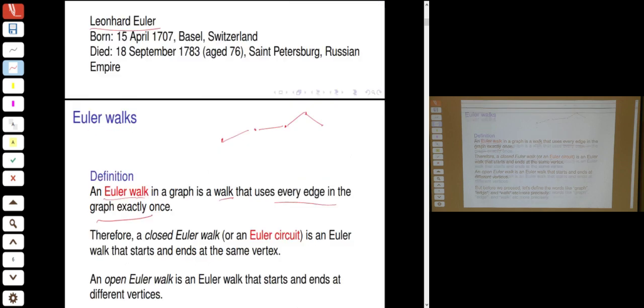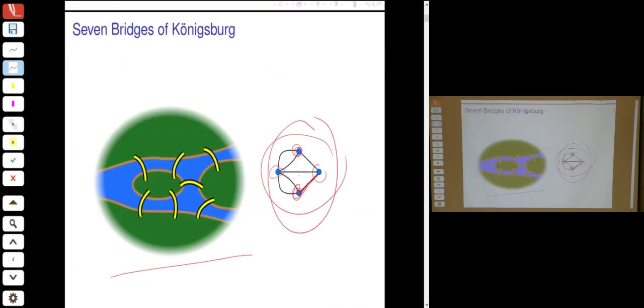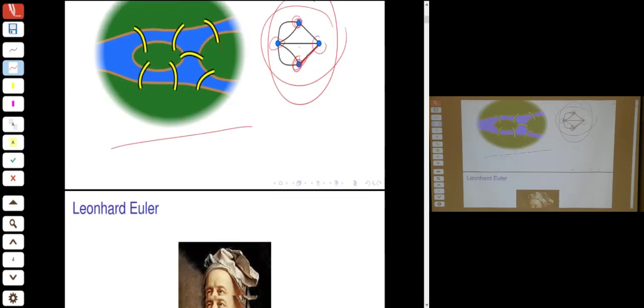Now you can easily connect this concept to the Königsberg bridge problem, because if you represent the Königsberg bridges like this, these are essentially the bridges, and basically what you want is a walk on this graph which traverses every edge, that is every bridge, exactly once. So, that is the correspondence.